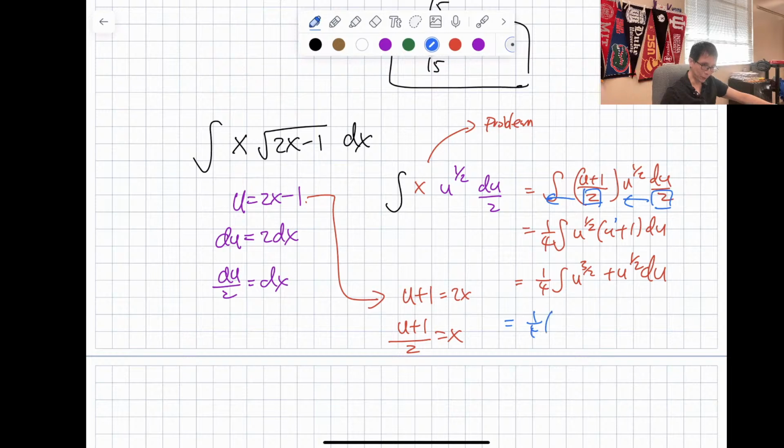So it'll be 1/4 times u to the 5 over 2 times 2 over 5, plus u to the 3 over 2 times 2 over 3, and then plus C. The 1/4 distributes, so 2 over 20, so it's 1 over 10 times 2x minus 1 to the 5 over 2, plus 2 over 3 times 1/4 is 1/6 times 2x minus 1 to the 3 over 2, plus C. Is this going to be on the test? Yeah.